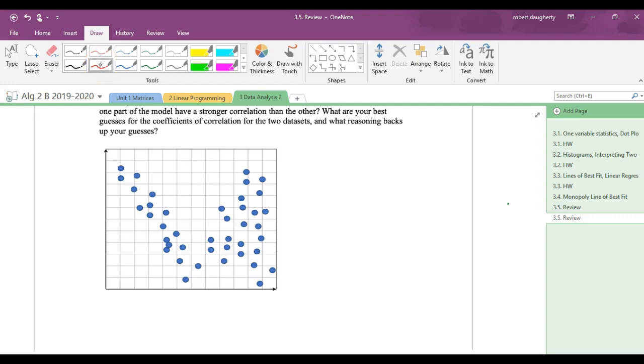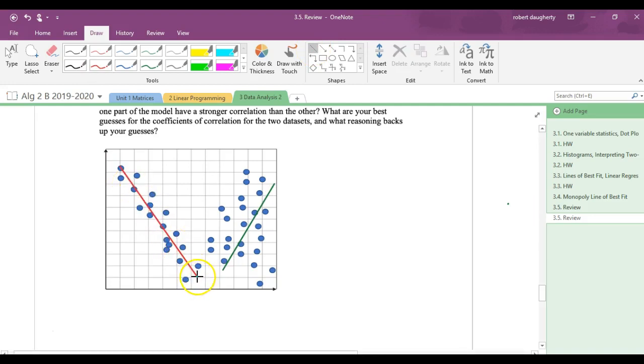Breaking this into two data sets, it looks like if I did a line of best fit right here, that looks pretty good for that data set. And if I did another line of best fit for this data set, so it looks something like this.